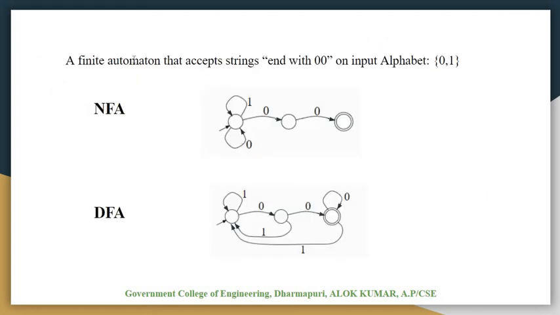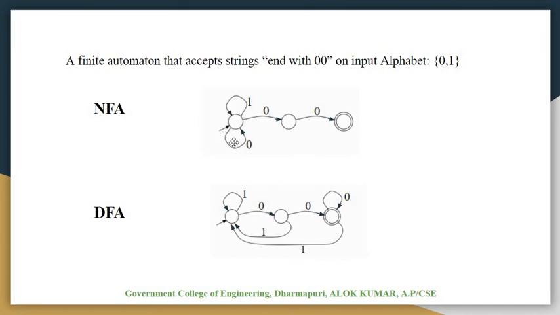Suppose we take one example and make both an NFA and a DFA for it. We have made the NFA and DFA for this language: a finite automaton that accepts strings ending with double zero, while the input alphabet is 0, 1. So we can make the NFA for strings ending with double zero.